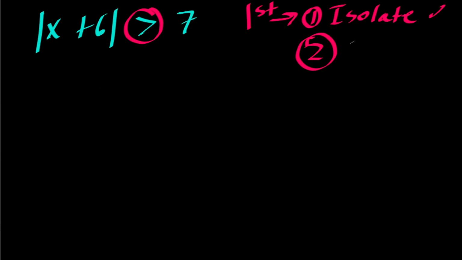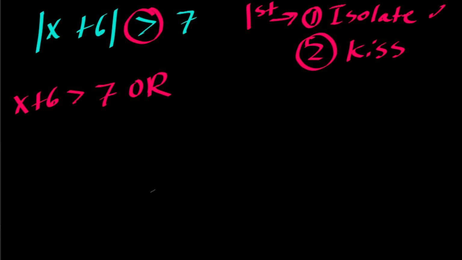Now, this is where we do the KISS method. Okay, so we're going to set up 2 cases. Now, in between our 2 cases, we're going to have an or. Here's the first case. So for the first case, you're just going to keep what's in this absolute value. So you're going to keep this expression or this inequality the exact same, but get rid of the absolute value signs.